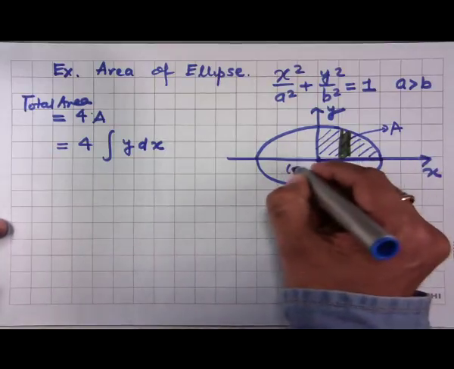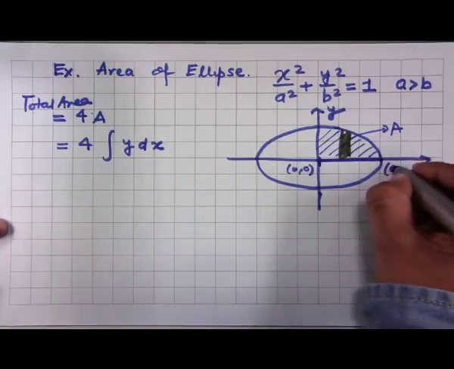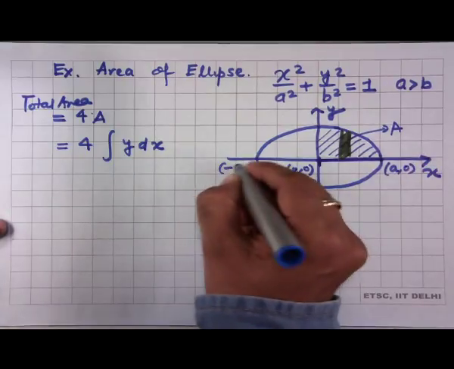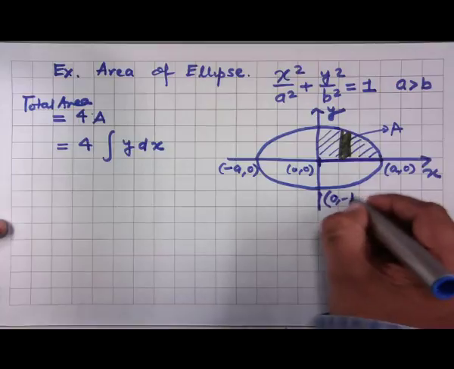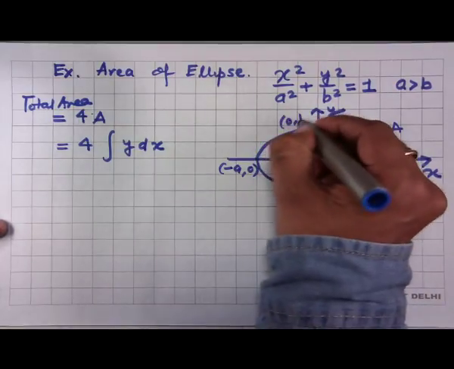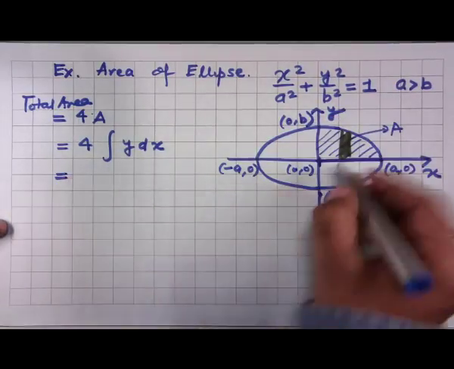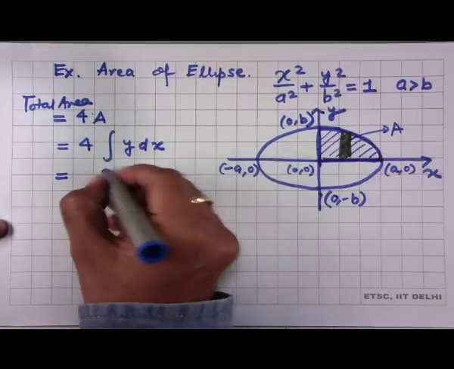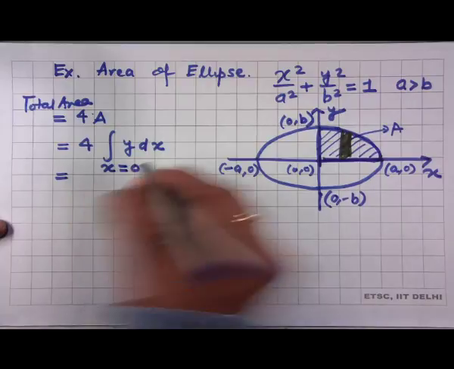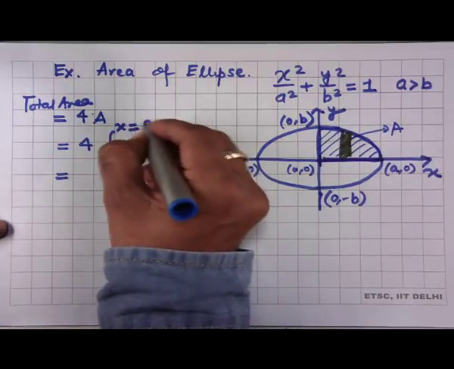So for this ellipse, this is center 0 0, this is a comma 0, this is minus a comma 0, this is 0 comma minus b, and this is 0 comma b. So for this region, x minimum is 0 and maximum is a.